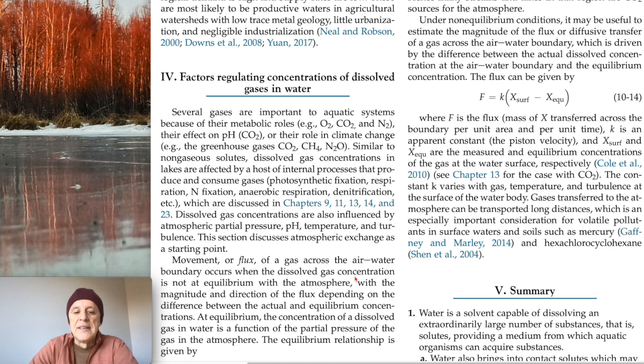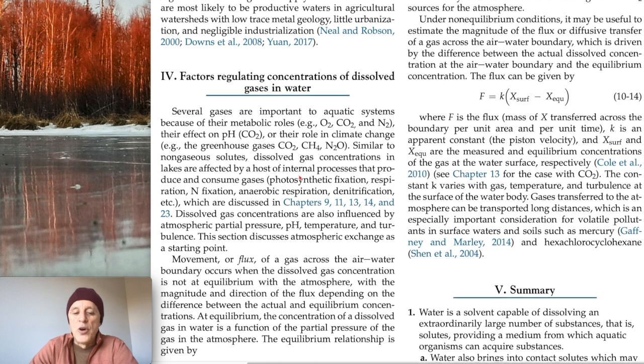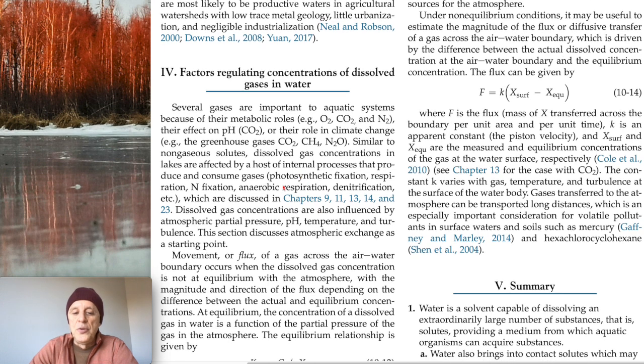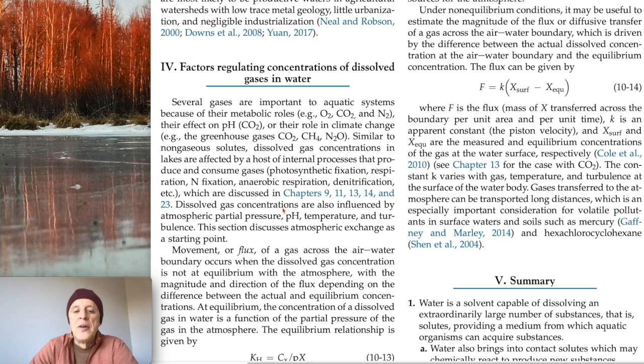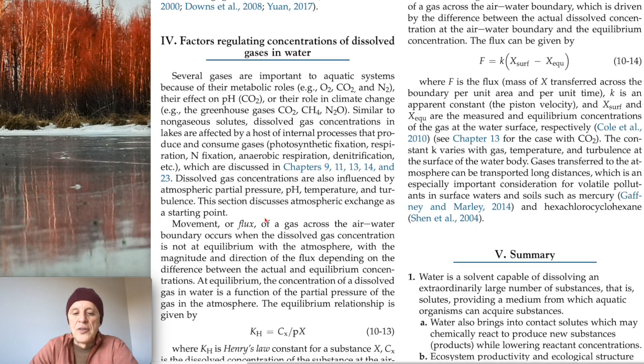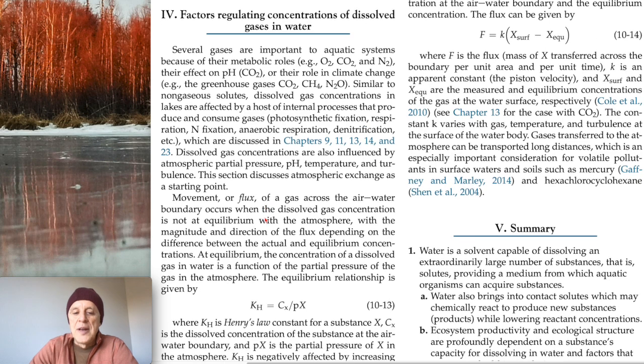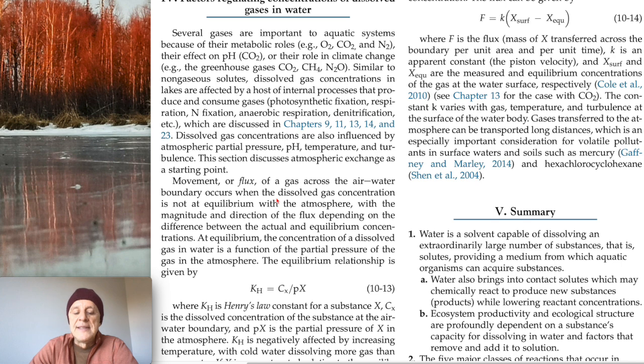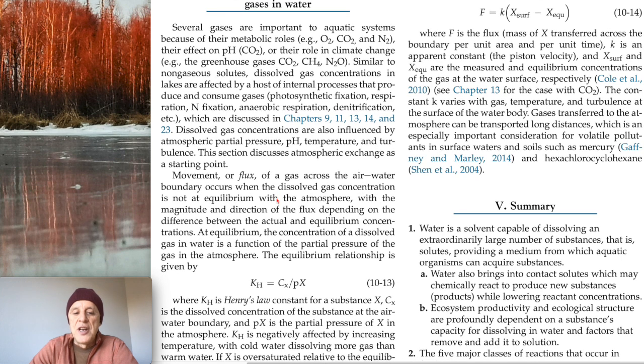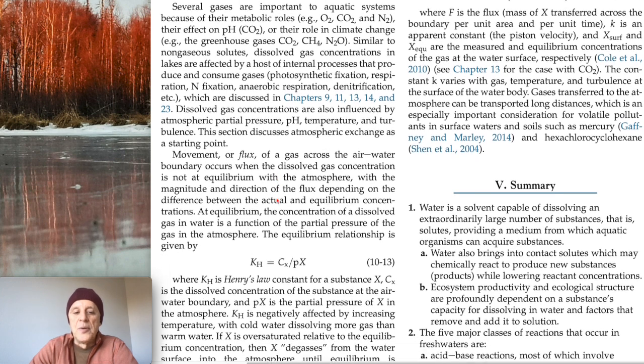Similar to non-gaseous solutes, dissolved gas concentrations in lakes are affected by a host of internal processes that produce and consume gases, which are discussed in these chapters. Dissolved gas concentrations are also influenced by atmospheric partial pressure, pH, temperature, and turbulence. This section discusses atmospheric exchange as a starting point.